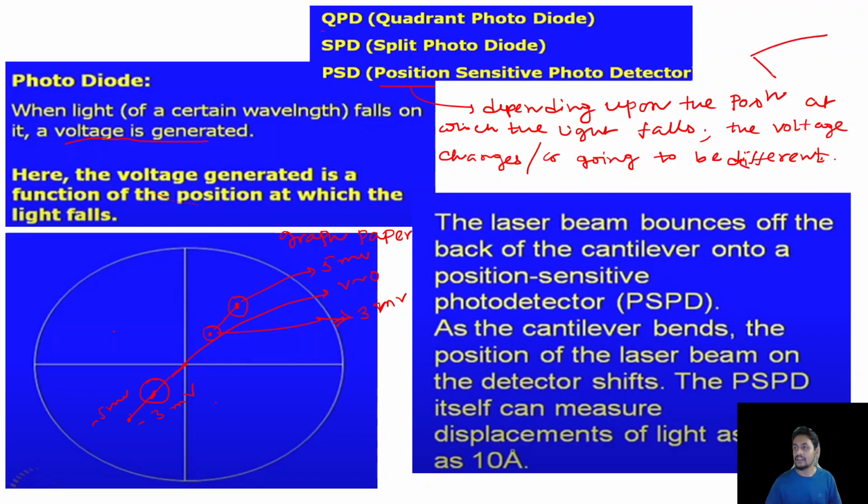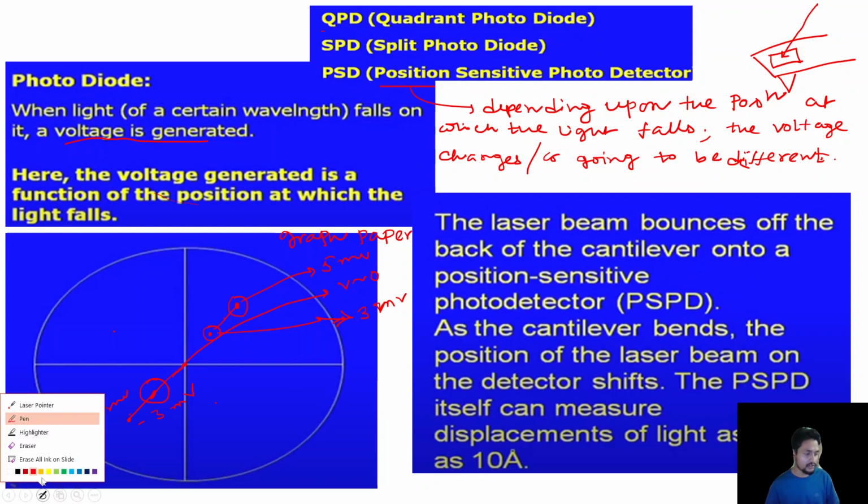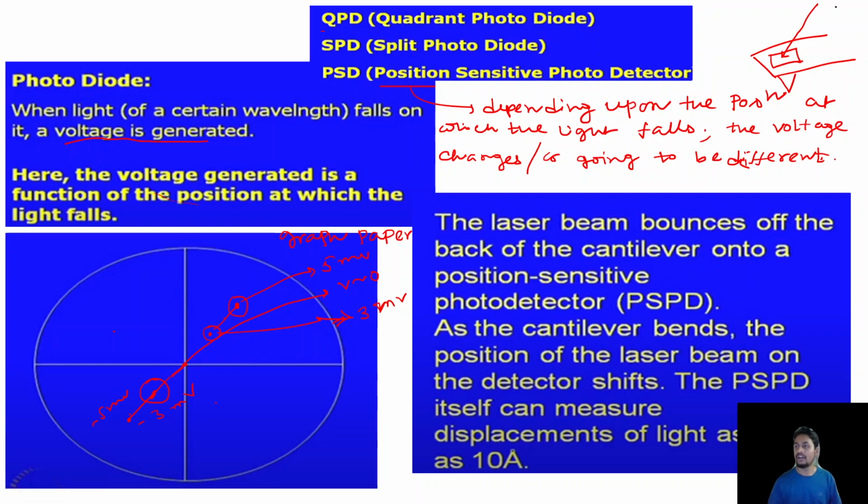So this is the cantilever, here is my tip, let's say, and there is the reflecting surface. So the laser source is coming like this, and it is going like this, and there is a photodiode. And this is the position.